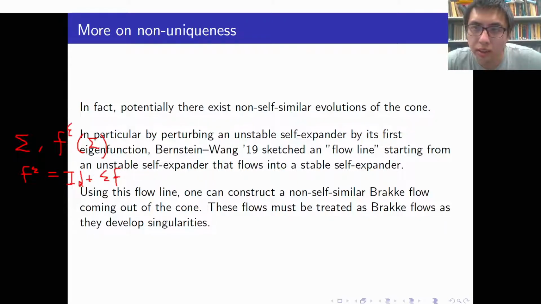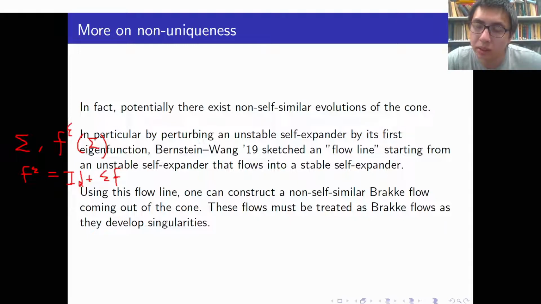By the result of Bernstein-Wang, for sufficiently small epsilon, you produce a smooth mean curvature flow, smooth for a short time, starting from the surface f epsilon of sigma. Then you take a sequence of epsilon going to 0 and, after proper time translation and rescaling, take a limit as epsilon goes to 0 to get an ancient flow in the rescaled setting.